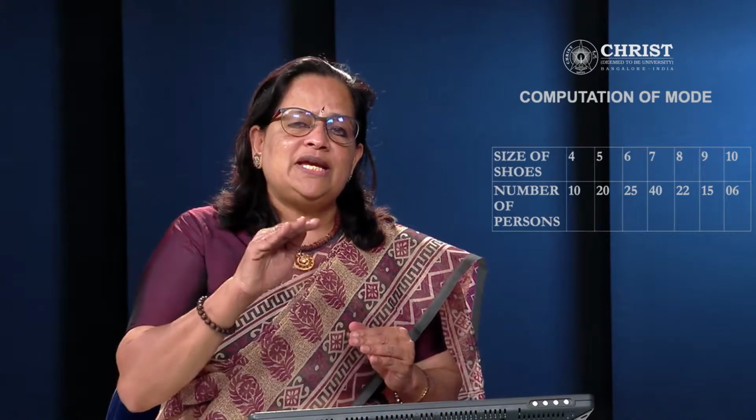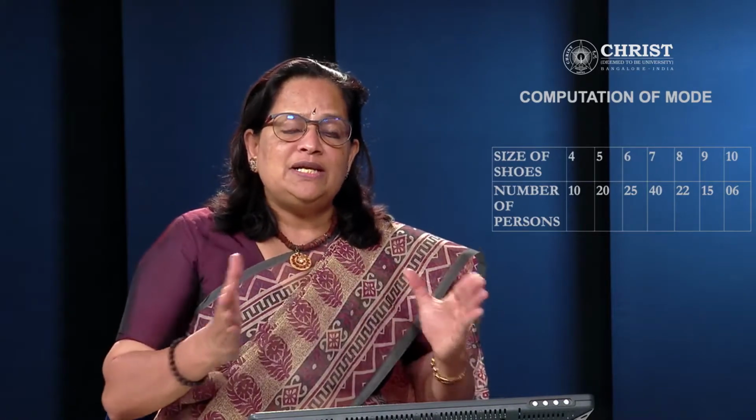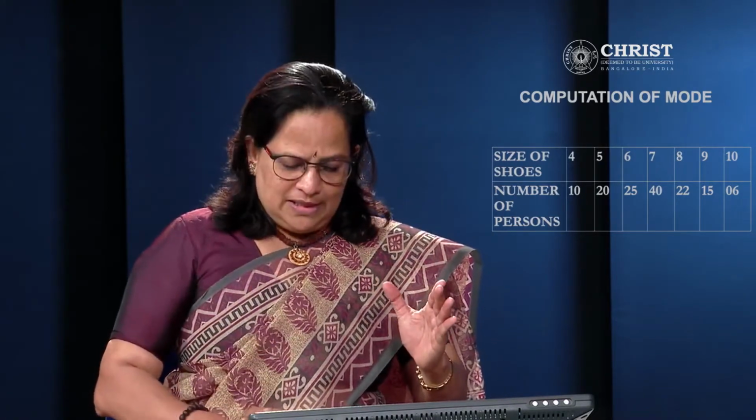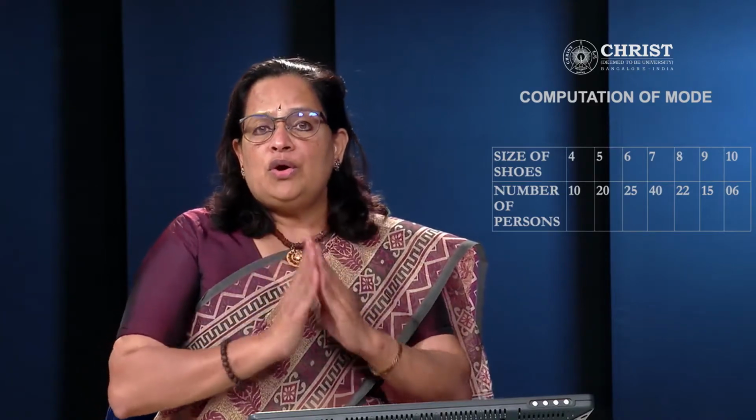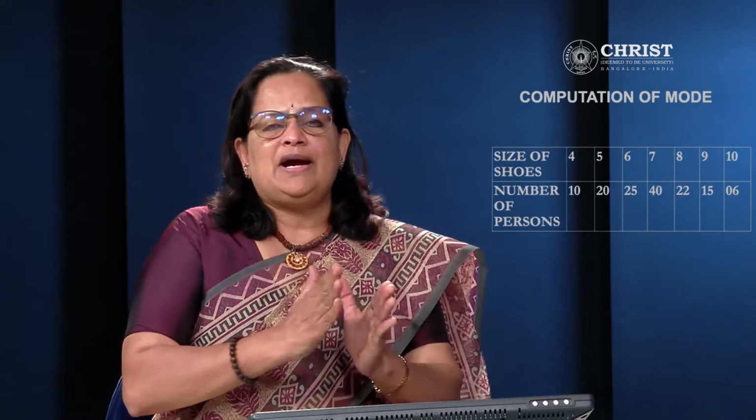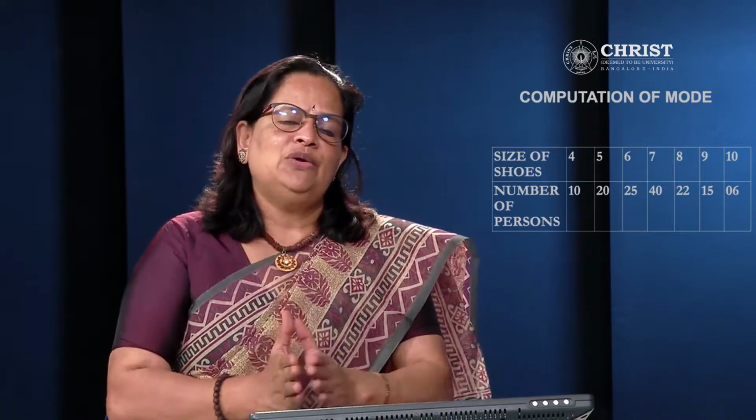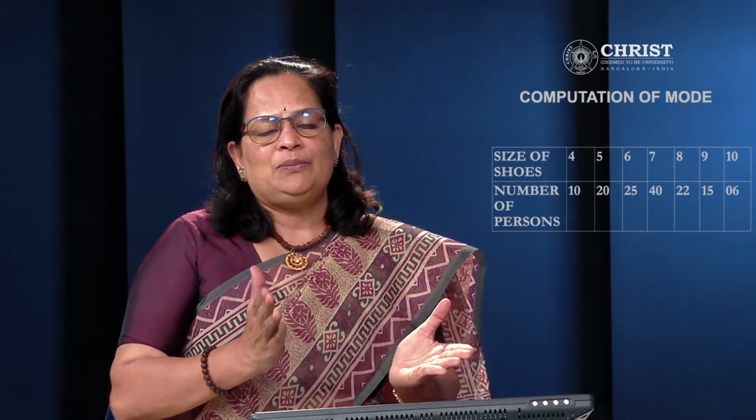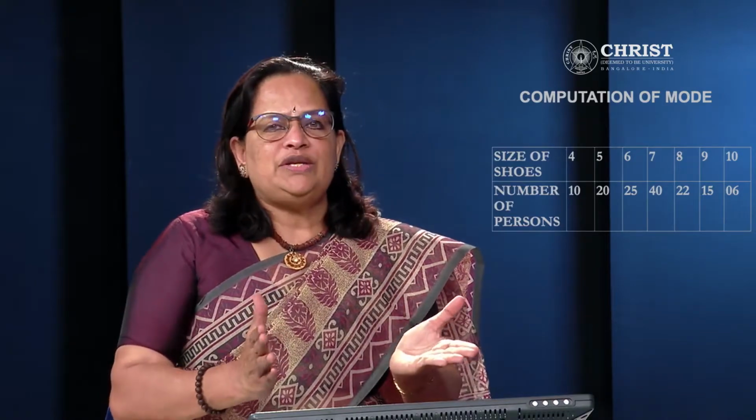The next highest frequency is 25, against value 6. We can see that 7 is the mode of the distribution with the highest frequency, because the difference between the highest frequency value and the next highest frequency value, between 40 and 25, is very high. So just by observation, we can decide the modal class.